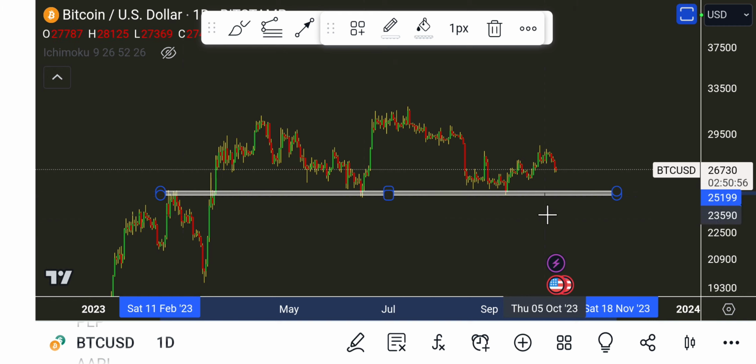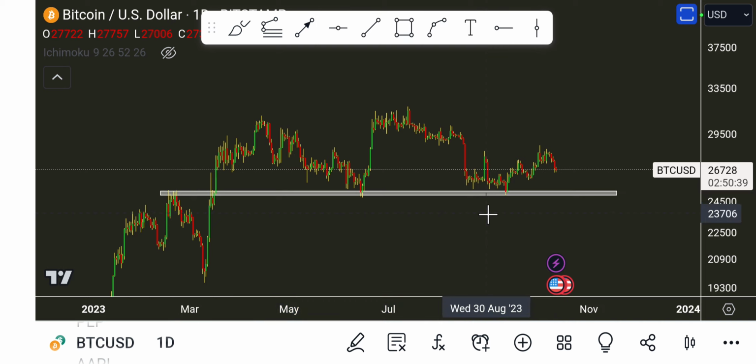1, 2, 3. They are called psychological levels of resistance and support. Why I call them psychological levels is because that is where traders have it at the back of their mind that when price gets to this level, it's high time we buy, or it's high time we short.